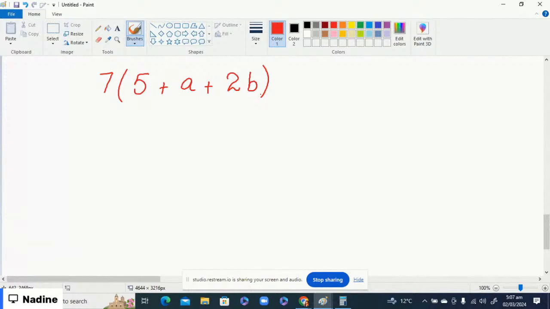First of all, multiply 7 with 5. What's the answer? It is 35. Add up 7 multiplied with a, that is 7a. 7 multiplied with 2b, what's the answer? 14b. Okay.